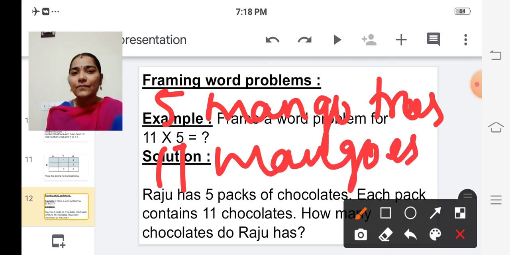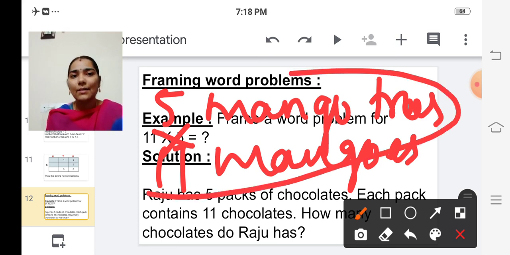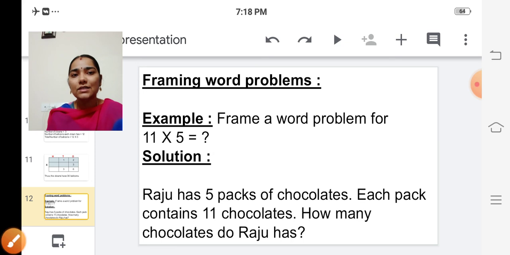Then find out how many mangoes are there in all. For that we have to multiply this 11 into 5. This is one example and I have already given one example.